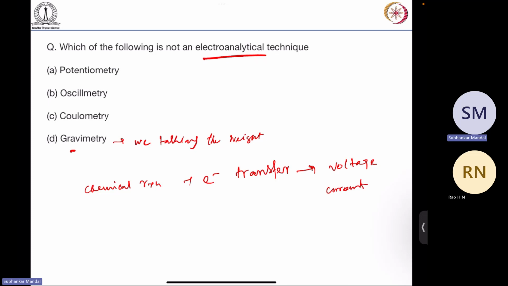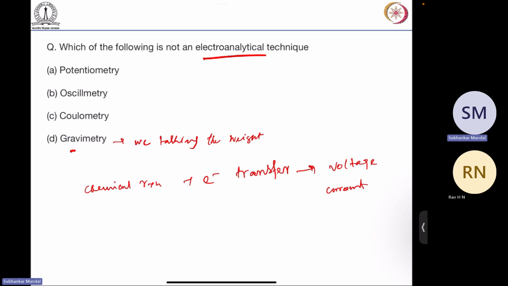This is the general rule for electroanalytical techniques. In potentiometric titration or voltammetry, you sweep the potential or transfer electrons, and you get a redox response or voltage. But gravimetry, like thermogravimetric analysis, TGA, you heat the sample, and as the compound dissociates, you take the change in weight.